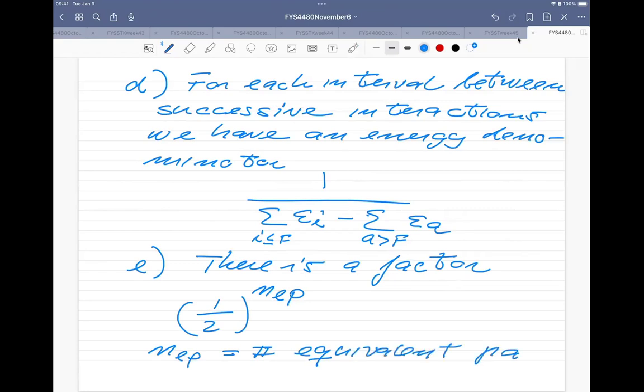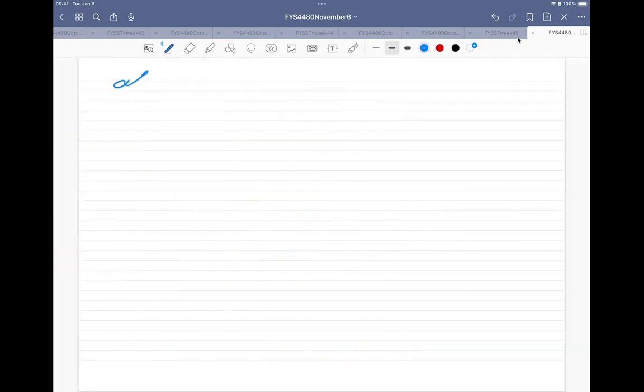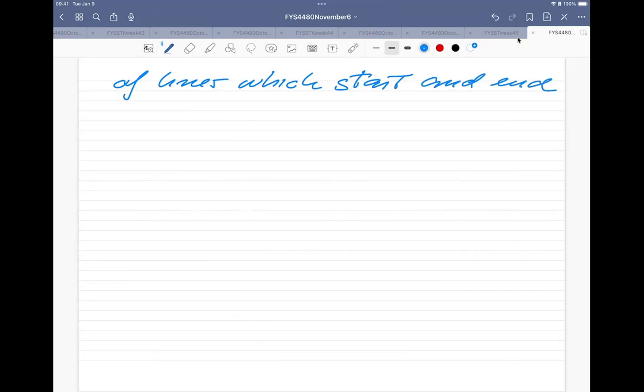Equivalent pairs of lines, and they have to be the same, which start and end at the same vertex. Of lines which start, so this means hole lines or particle lines which start and end at the same interaction vertex.